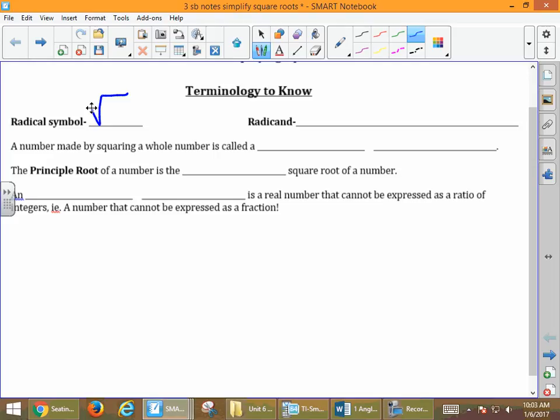The radicand is the value under the radical. It's the value under the radical.